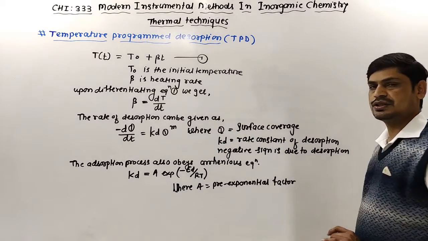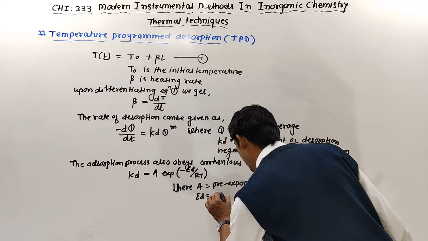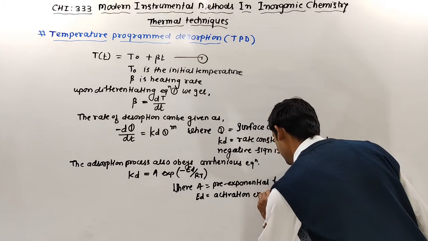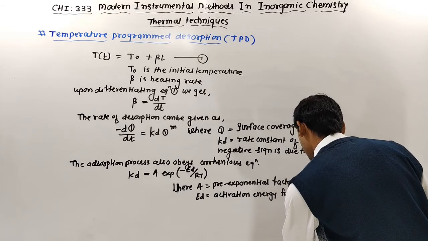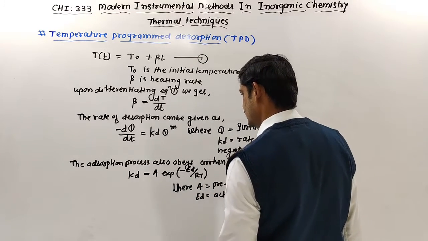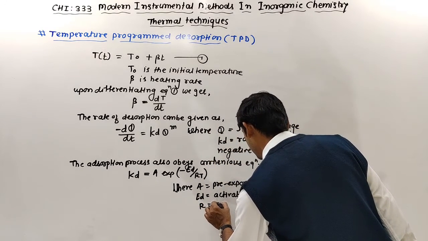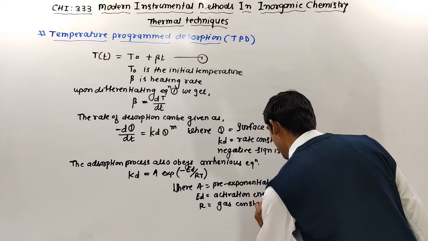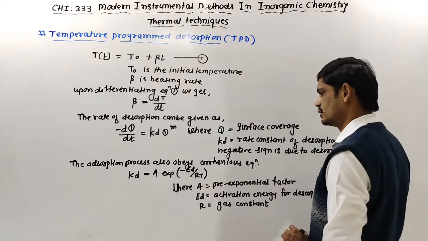Ed is the activation energy for desorption, and R is the gas constant, or we can say it is the ideal gas constant.